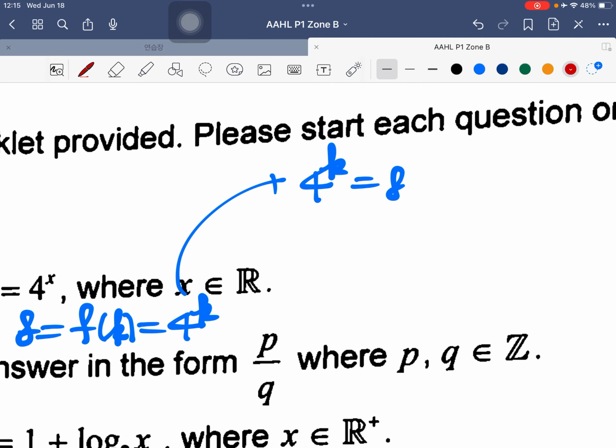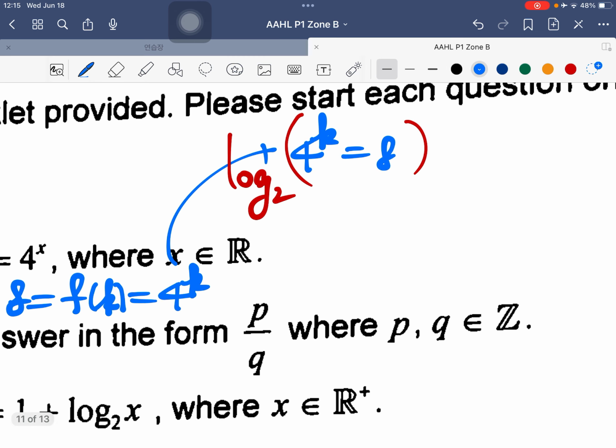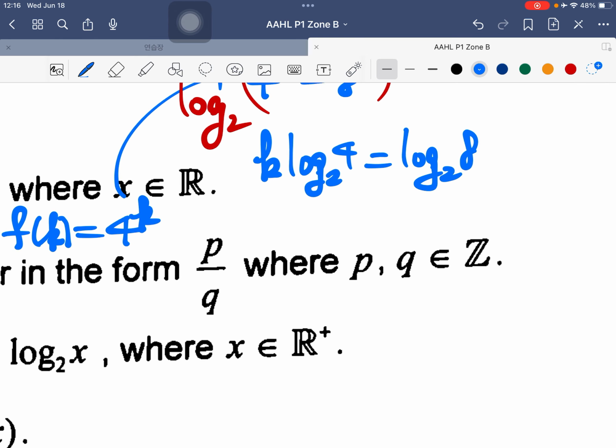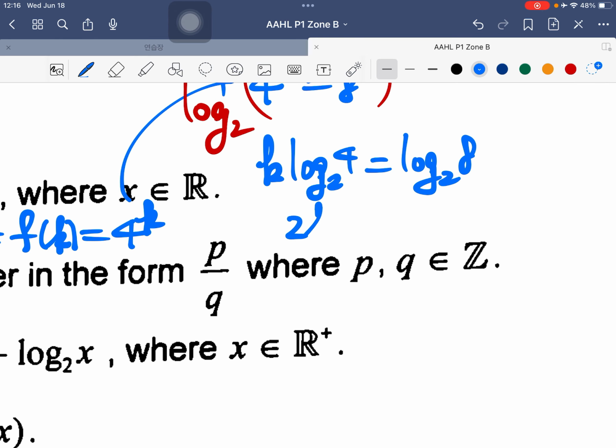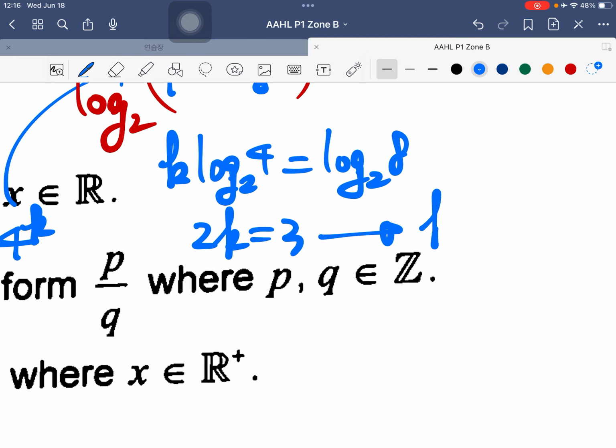We take log base 2 on both sides. So the left hand side becomes k in front, log base 2 of 4, equals log base 2 of 8. And this is 2k equals 3, which means that k equals 3 over 2. The answer for f inverse of 8.